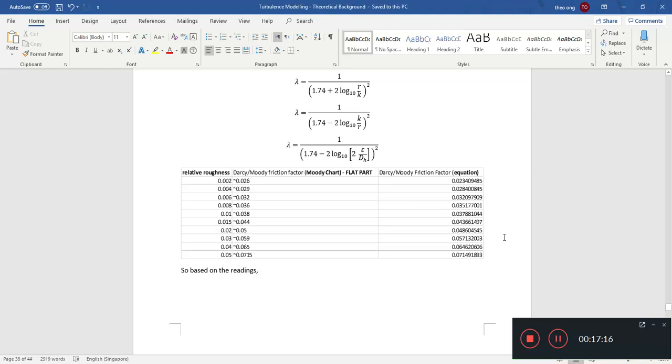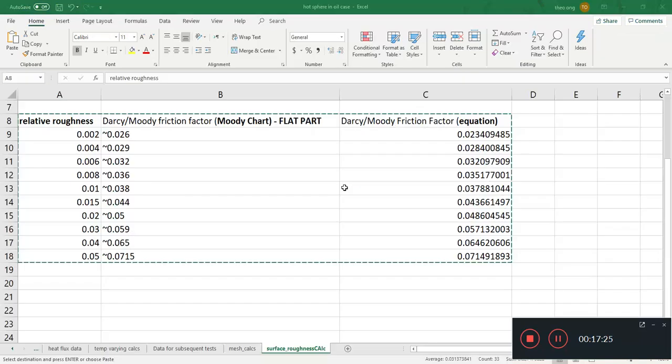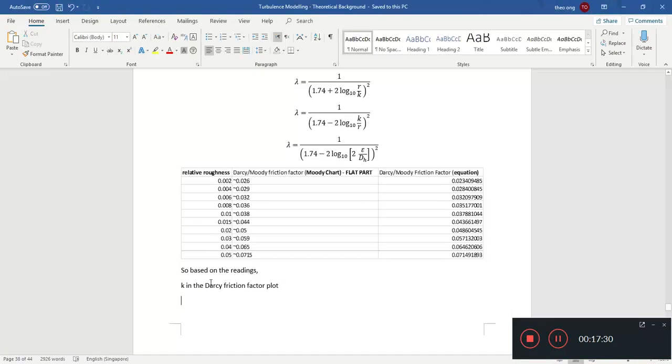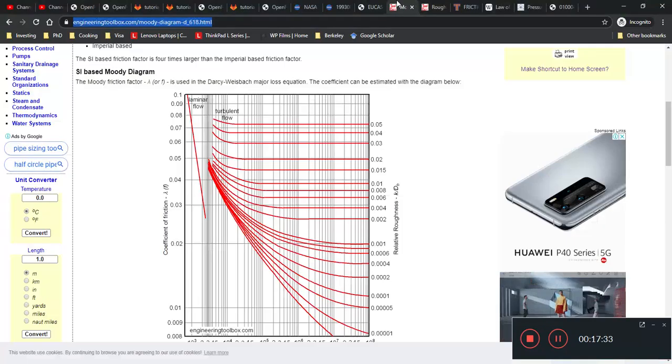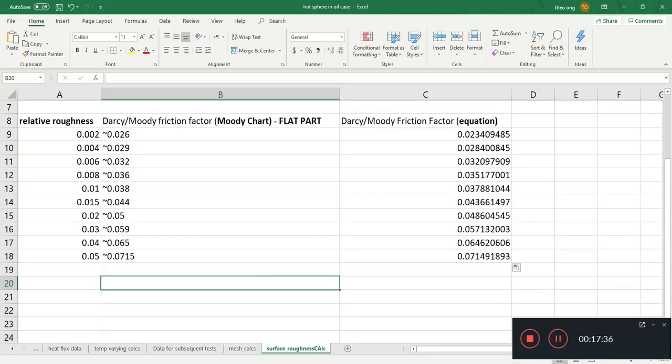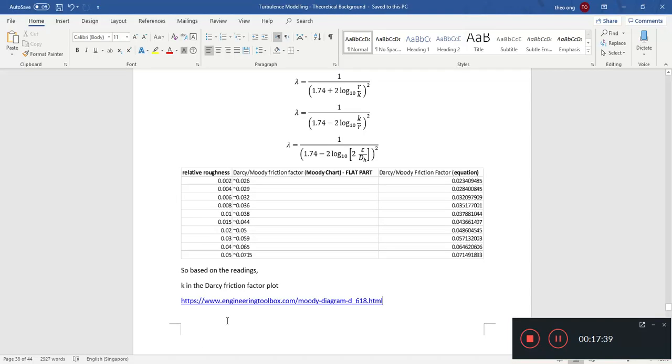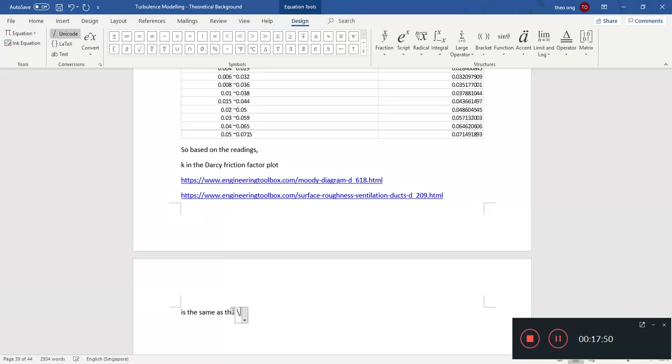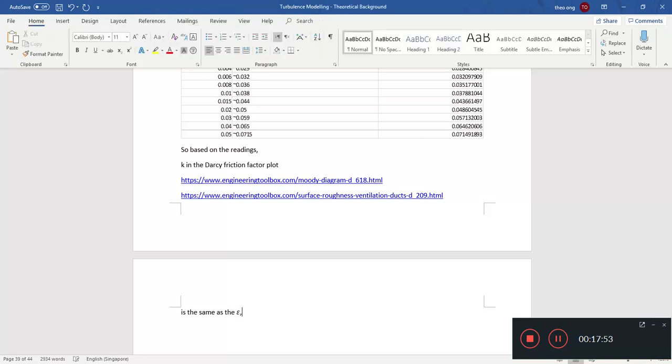Based on the readings, the K in the Darcy friction factor plot, which is this one, and of course this one, okay, K in this Darcy friction factor plot is the same as the epsilon, and is the same as HS.